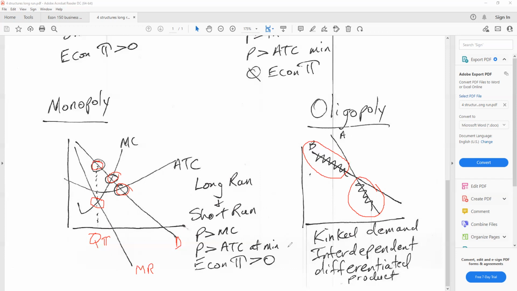In oligopoly, the products are still differentiated, but they're very interdependent, because you have 3 or 4 firms that have the majority of the market share, 60 to 70% of the market.